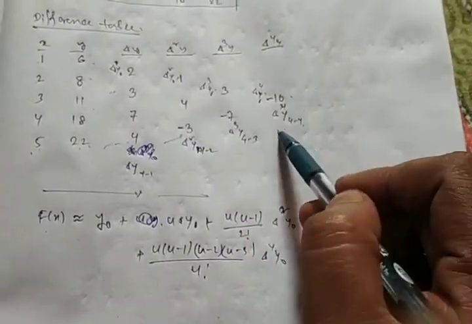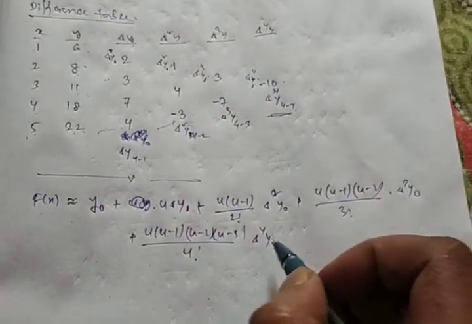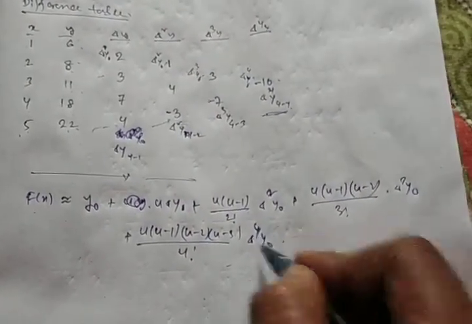That is maximum, delta to the 4 y0 is given, so the formula will stop here. Here n equals 4.